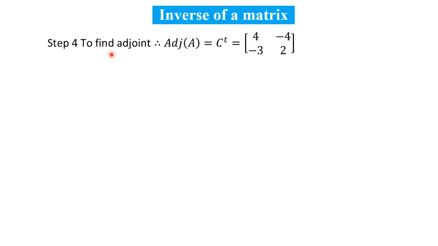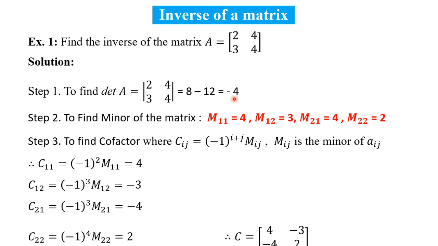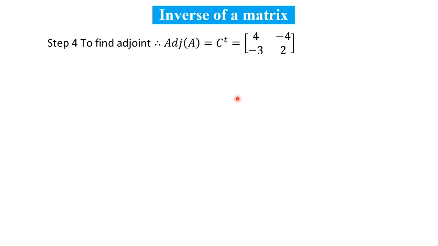Once you find the adjoint, you have to find the inverse. The formula is A inverse is equal to adjoint A divided by determinant A. We have found the adjoint, and we have also found the determinant, and the value of the determinant is 4.